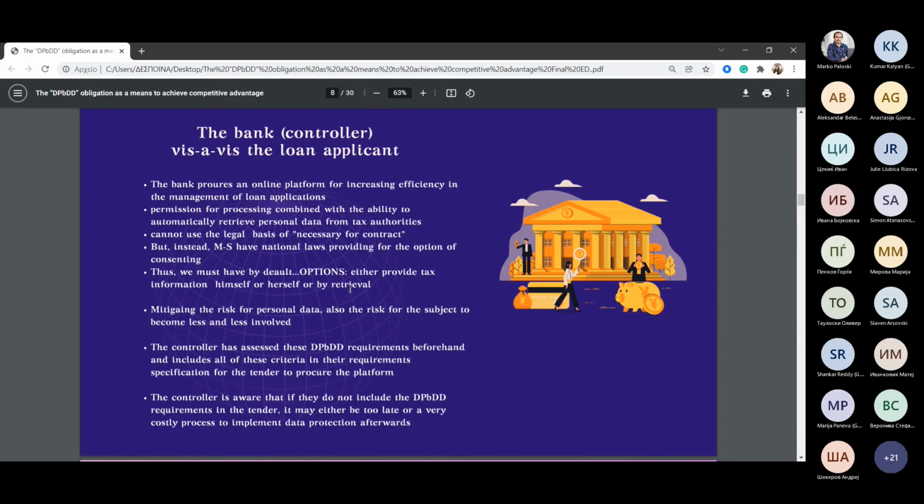The controller is aware that if they do not include these requirements in the tender, it may either be too late or a very costly process to implement data protection afterwards.